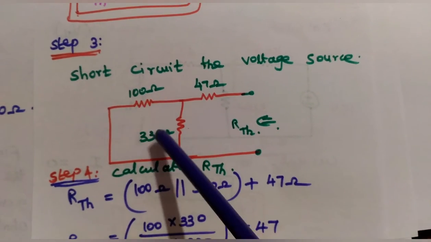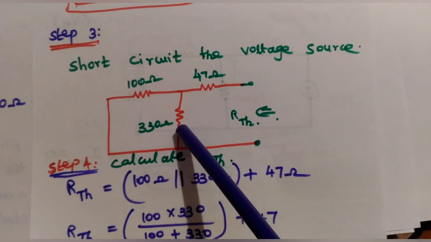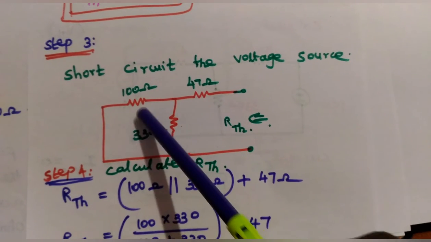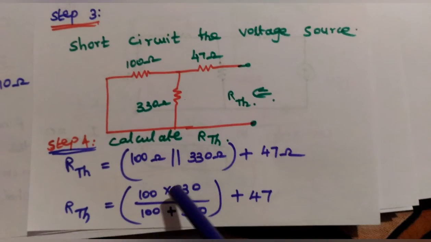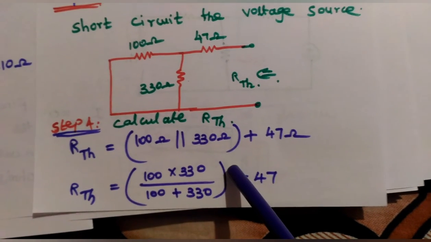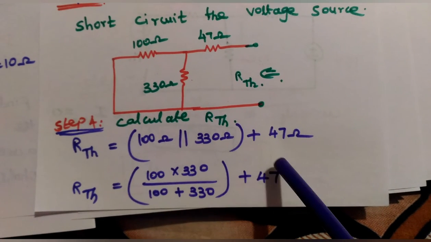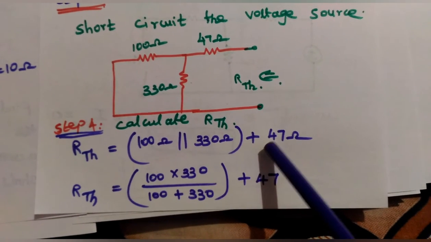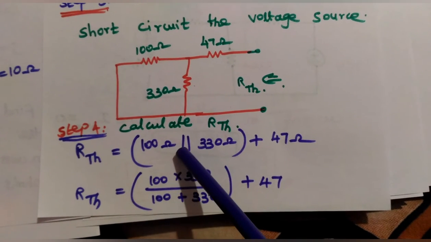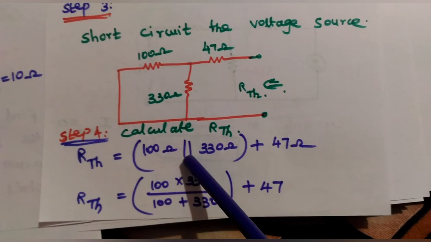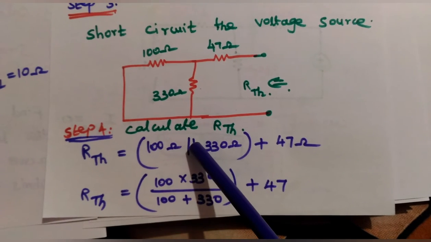The 100 ohm and 330 ohm are both connected in parallel, and this parallel combination will be connected in series with the 47 ohm. We know the formula for parallel combination of resistance: R1 into R2 divided by R1 plus R2.